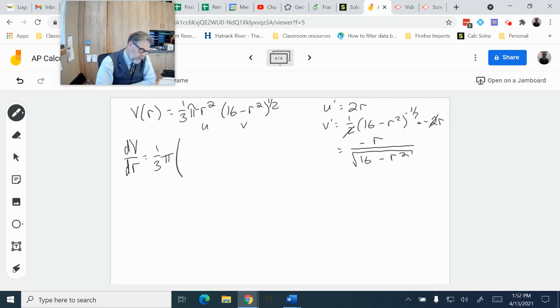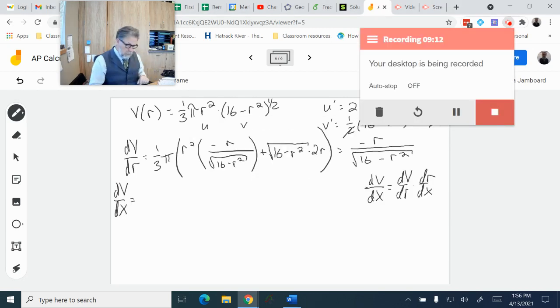So product rule says u dv, so that's negative, I'll write it out long, r squared times -r over the square root of 16 minus r squared, plus v du, so that's the square root of 16 minus r squared times 2r.